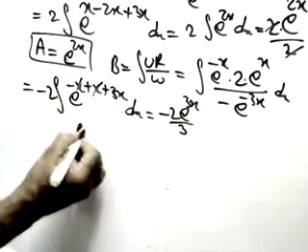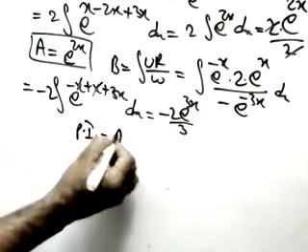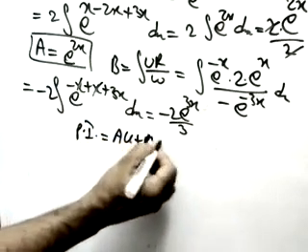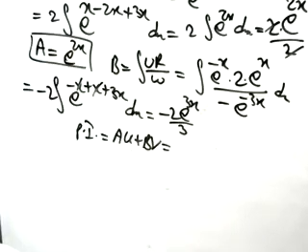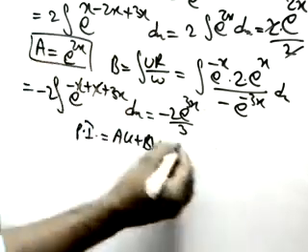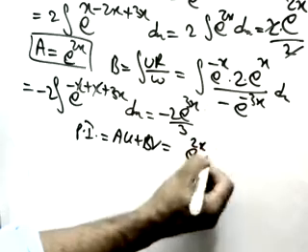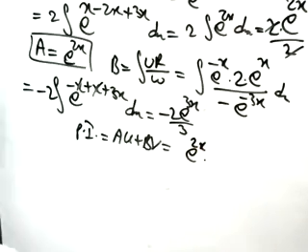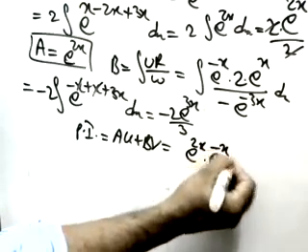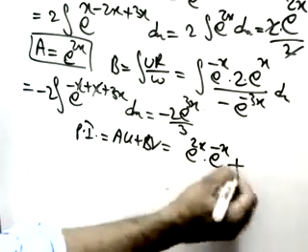Okay, now let me substitute to find the particular integral. Particular integral equals A into u plus B into v. The value of A we just got is e power 2x, into u. The value of u is e power minus x.